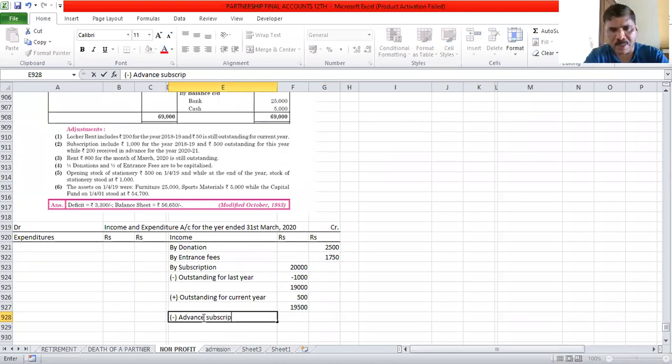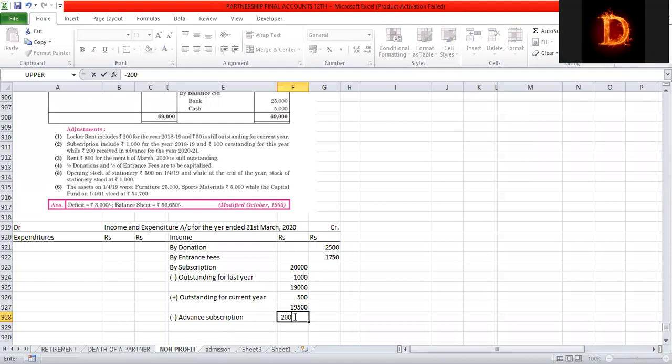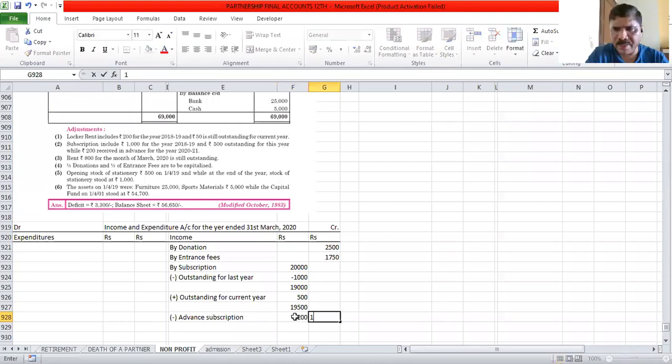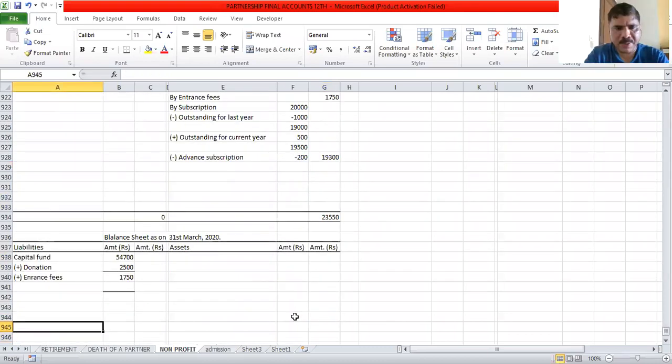What is the advance subscription amount? 200. Outer column 19,300. What will be my second effect? Liability side, advance subscription, amount is 200.